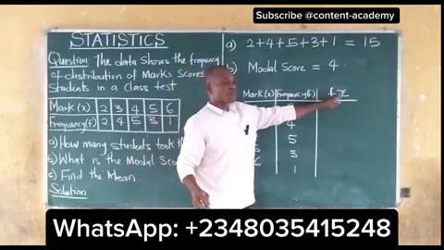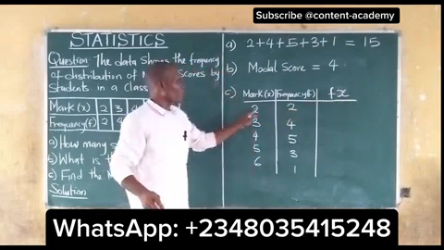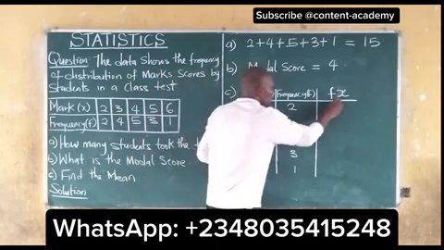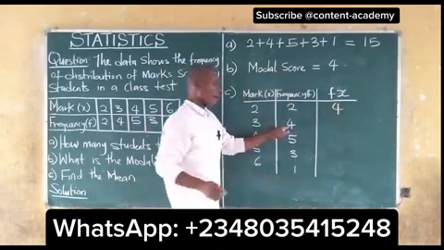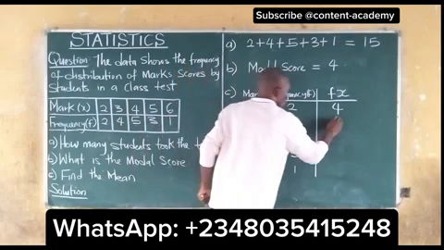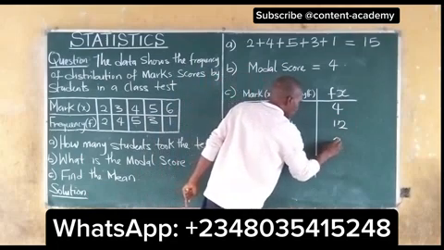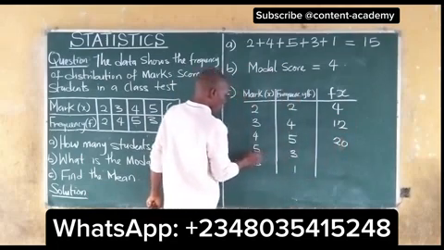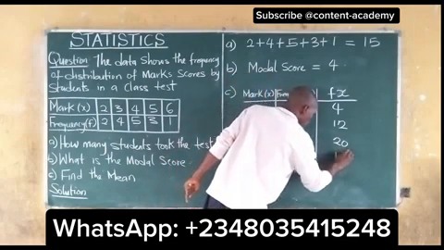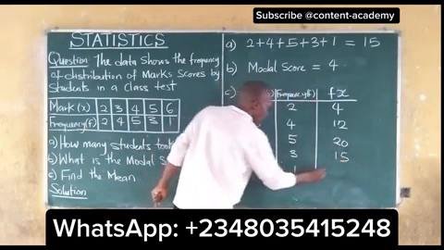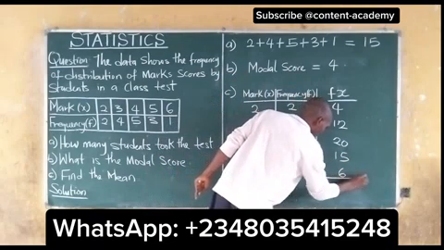It means f multiplied by x, which is 2 multiplied by 2, which will give us 4. 3 multiplied by 4, which will give us 12. 4 multiplied by 5 will give us 20. And 5 multiplied by 3 will give us 15. And 6 multiplied by 1 will give us 6.